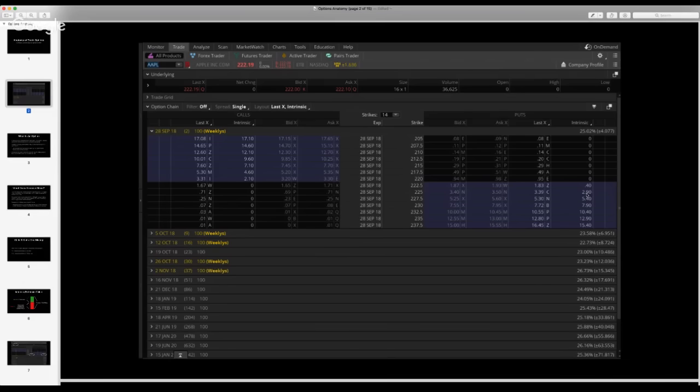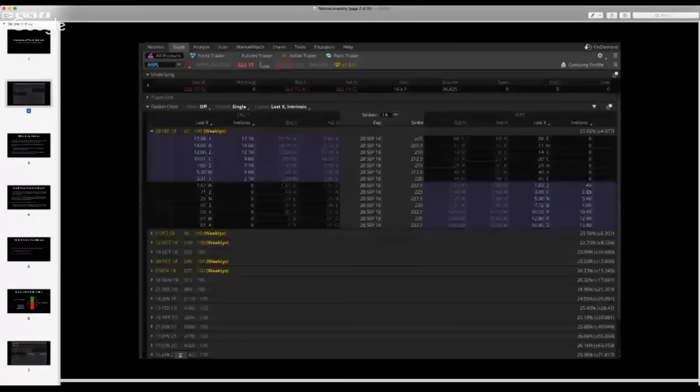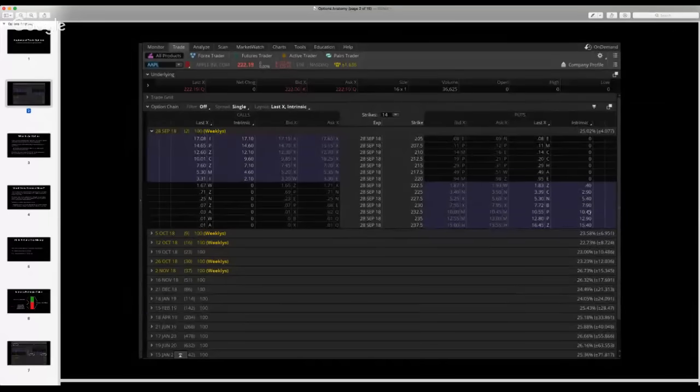They rounded it off by a penny. That is the intrinsic value, the absolute value of the difference. Each one of these listed in this column, which I have labeled intrinsic, is nothing more than the difference between the strike price and the stock price.